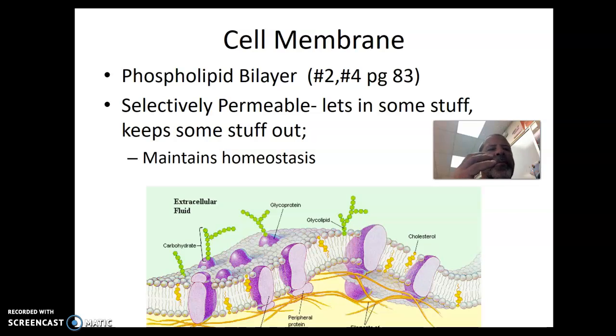Think of the lipid bilayer like a bendable wall, and think of proteins embedded all throughout the lipid bilayer as bouncers or doorways that let certain things through.